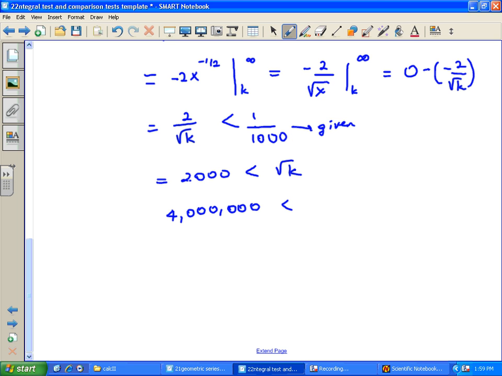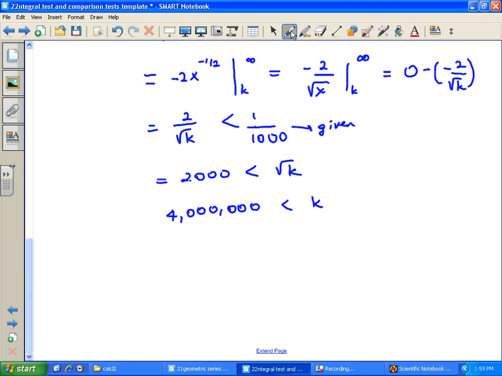Right. So this is saying that k should be greater than 4 million. So you should add 4 million and 1 terms at the very minimum so that you have such a good approximation that the difference between the infinite sum and the finite sum will be so small.